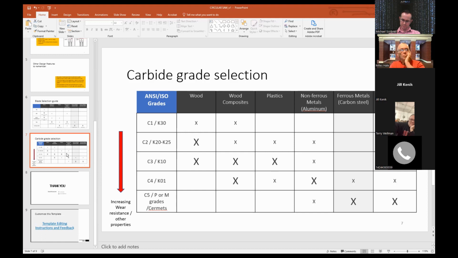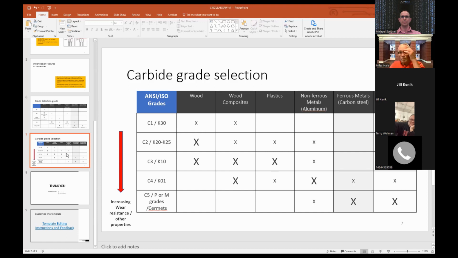And again, really good for wood composites and really good for non-ferrous metals as well. They'll also cut plastic, and frankly, if it's the right tooth form of TCG, they will cut ferrous metals, both carbon and stainless steel. But you will have a much reduced lifetime of the blade if you're cutting those materials.